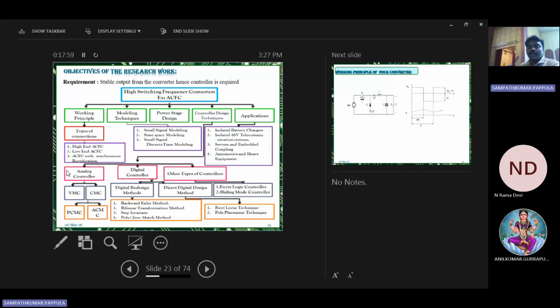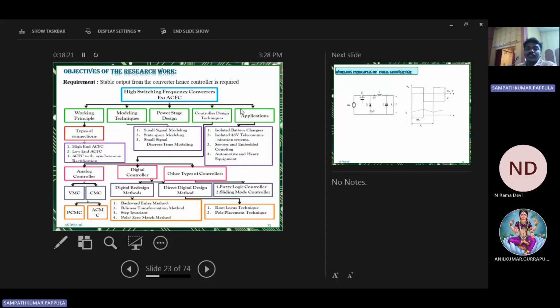Or otherwise, if voltage mode control is already there, instead of that you use a fuzzy logic controller. If your fuzzy logic controller gives some delta X better results than the voltage mode controller, then also your work is completed. That means a small modification is required to finish your work.